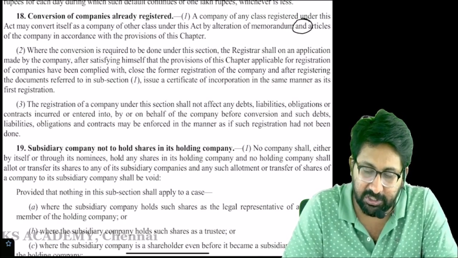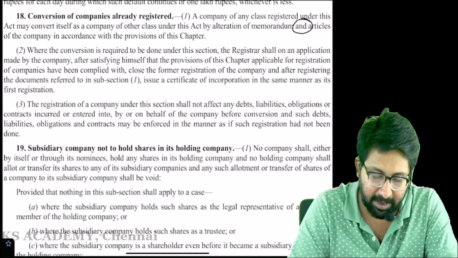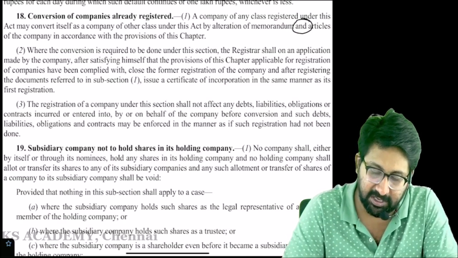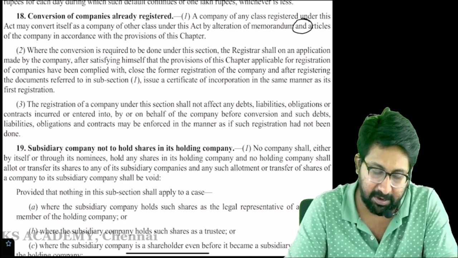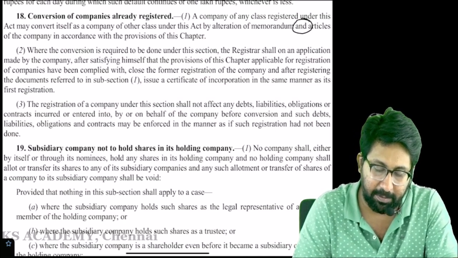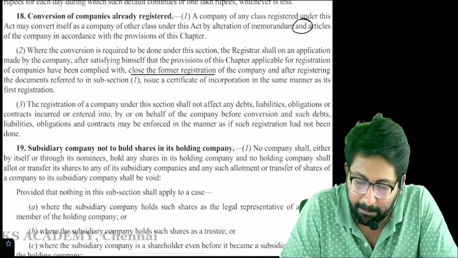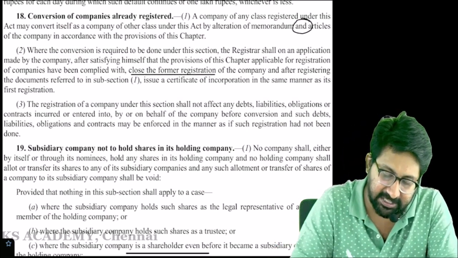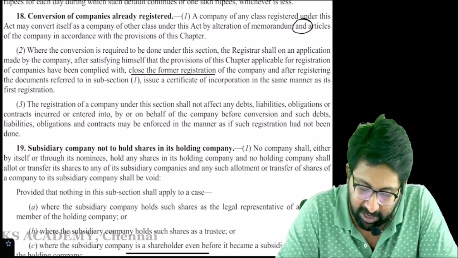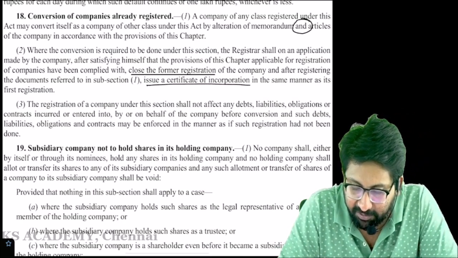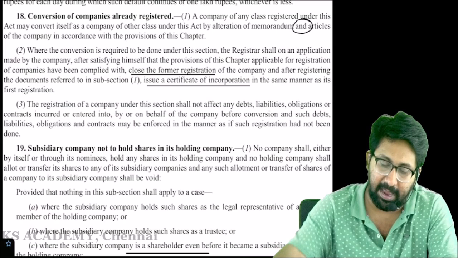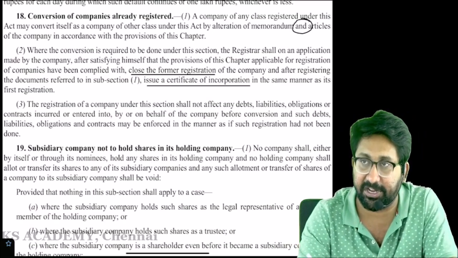The registrar shall, on an application made by the company, after satisfying himself that the provisions of this chapter applicable for registration of the company have been complied with, close the former registration of the company, and after registering the documents referred to in subsection 1, issue a certificate of incorporation in the same manner as its first registration.